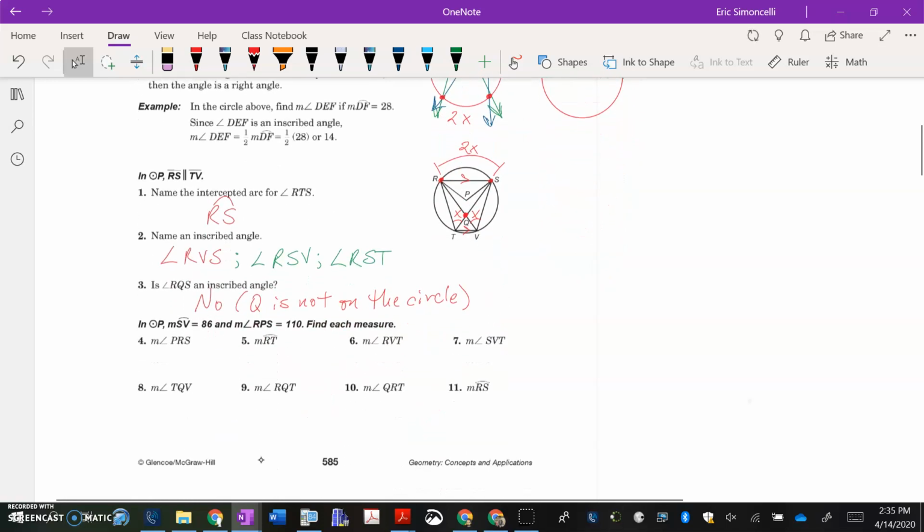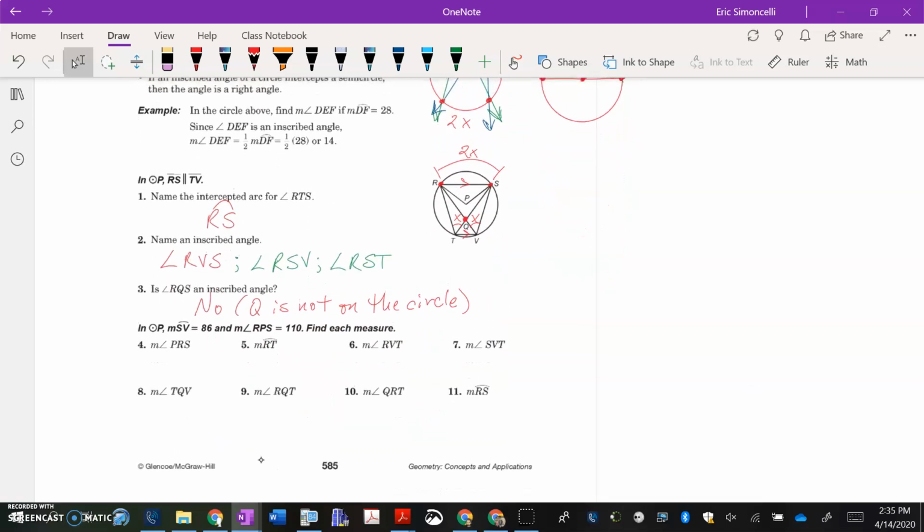All right, moving on. In circle P, arc SV is 86, and the measure of angle RPS is 110. Okay, so we're using the same picture. I'm going to go ahead and on number 4, find angle PRS.